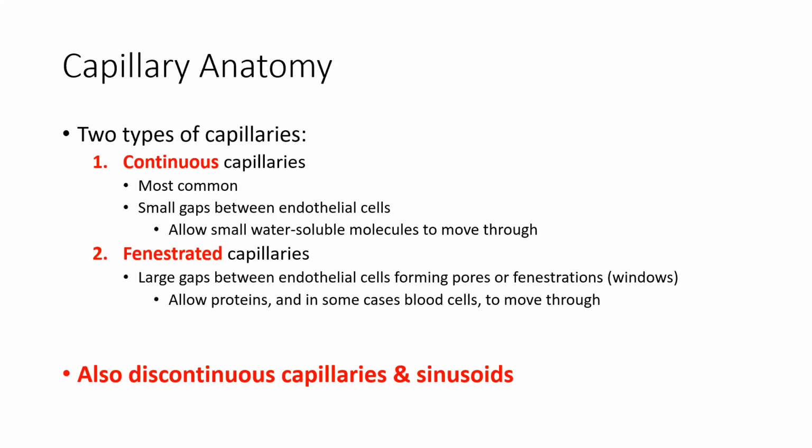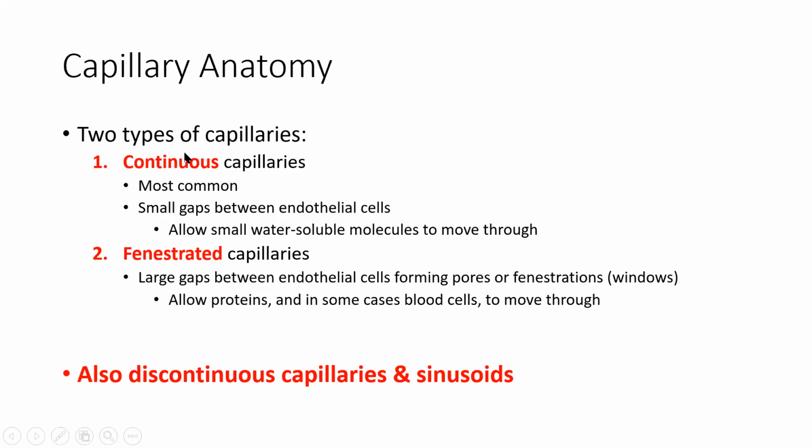We don't have the movement of cells and we don't have the movement of bulkier structures like proteins. In fenestrated capillaries, we have larger gaps in between those endothelial cells. So they form these pores or windows or openings that we call fenestrations. And these do allow proteins and in some instances, blood cells to move through those tiny pores.